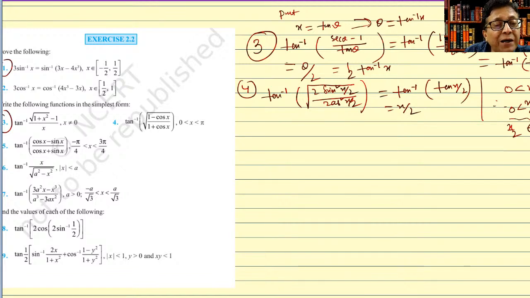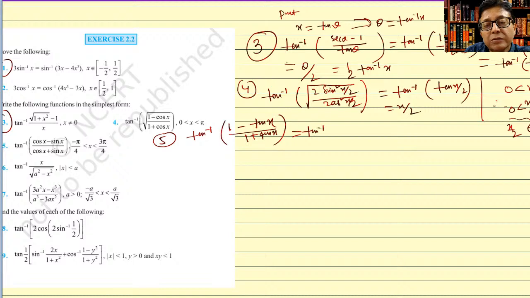Then number 5. For this one, divide numerator and denominator by cos x. Cos x over cos x will be 1 minus tan x, divided by 1 plus tan x. One is what? Tan pi by 4.